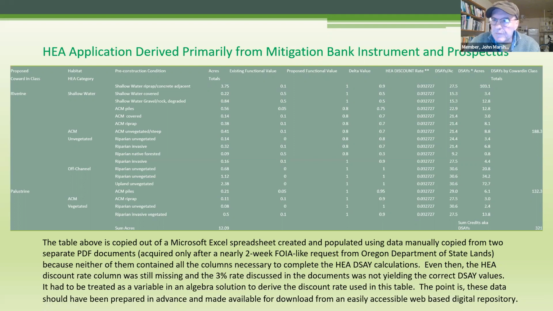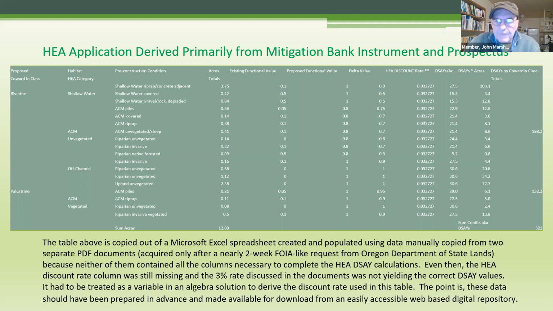I had to go on quite a few searches for those documents. I actually ended up doing what's kind of like a state version of the Federal Freedom of Information Act request to get these documents.